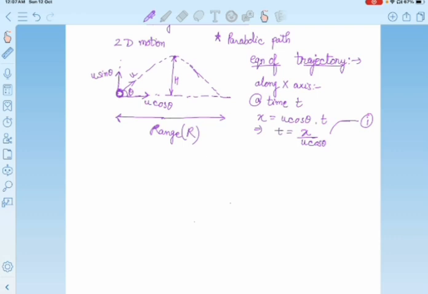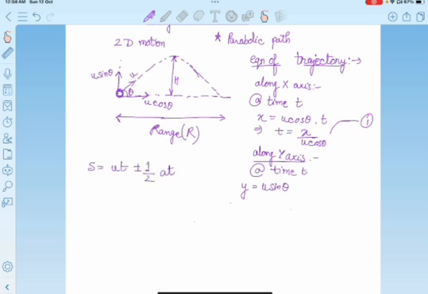Now we will move our attention towards the y-axis. At any time t, we will have y equal to u... Before this, I hope you're familiar with the equation of kinematics, which is s equals ut plus or minus half at square.